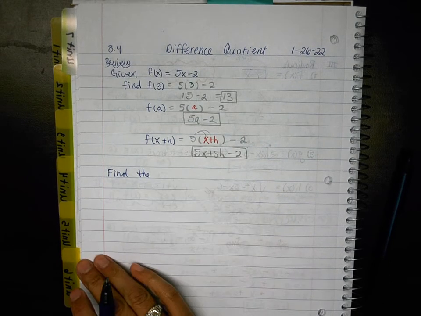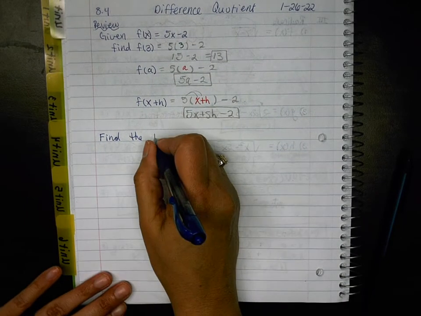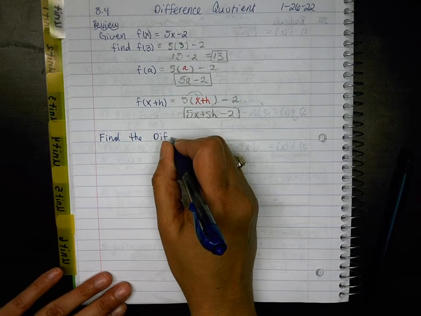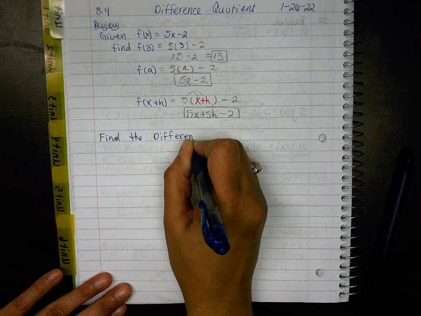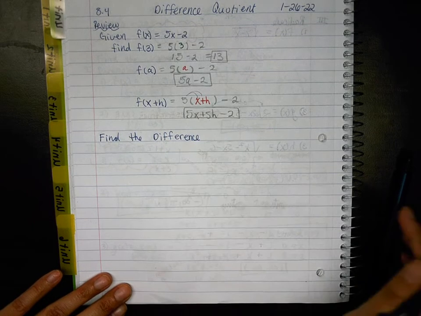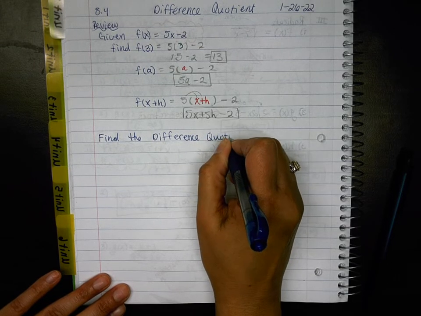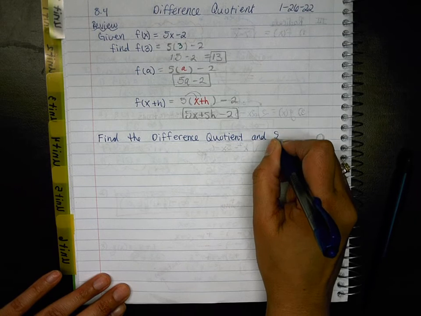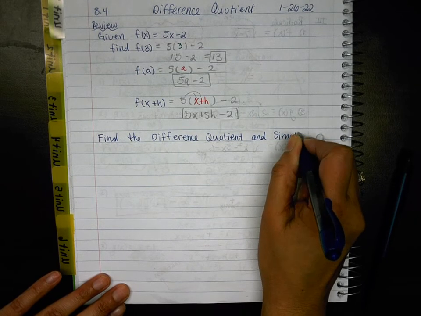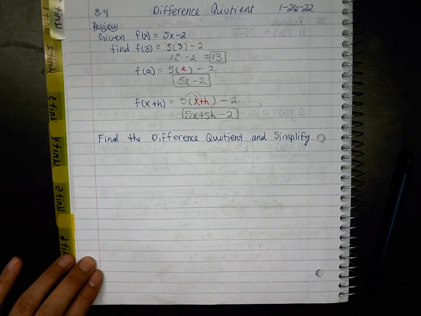Okay. This next piece is where the new stuff begins. Definitely on the test. Find the difference quotient and simplify.